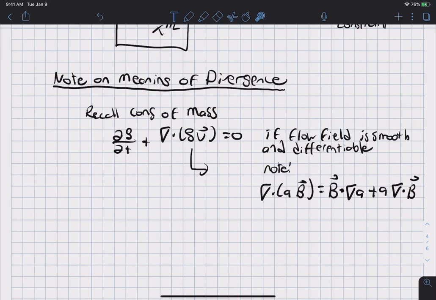And as I said in a previous lecture, in fluid mechanics, quite often our rho, which is the scalar, and v, which is the vector, in many scenarios are not differentiable. So for those of you who wind up working in compressible flow and deal with shock physics, across a shock wave rho v is not differentiable.